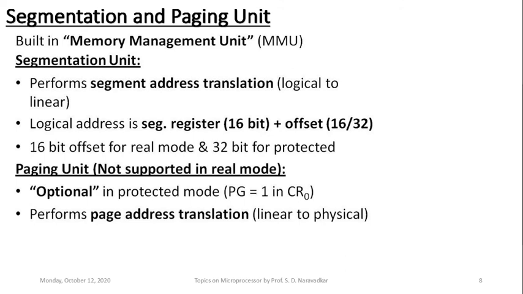And as paging is enabled in protected mode, this linear address will be converted to physical address. So address translation in protected mode is performed in two steps: segment translation, that is logical to linear, and page translation, that is linear to physical.